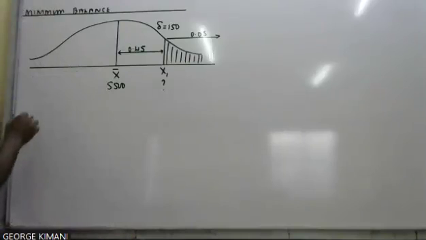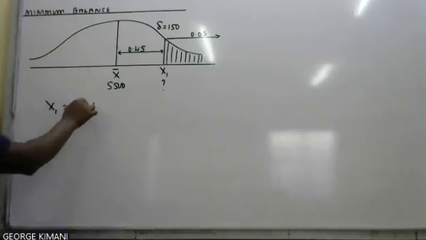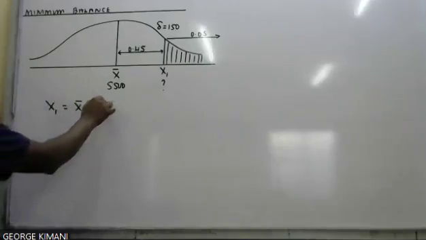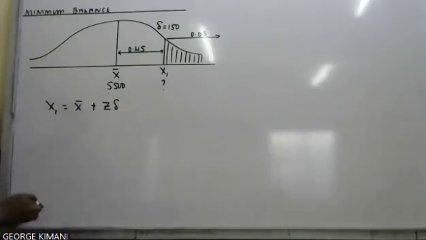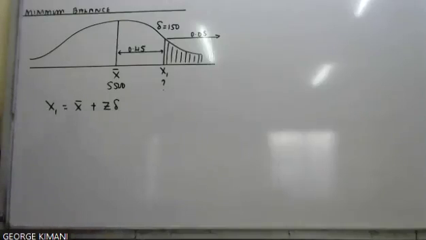So that being true, we then proceed and say X1 should be equal to X bar plus Z standard deviation. That is Z1.